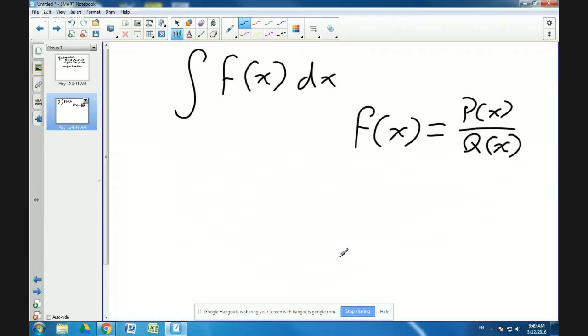Now, in order for this to actually work, the degree of p of x must be less than the degree of q of x.